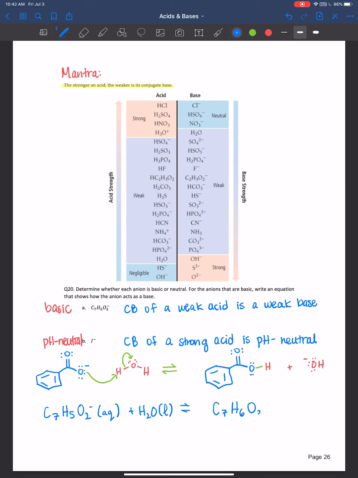You're adding a positive charge, so even if you didn't know the structure of benzoic acid and the fact that it was neutral, just make sure you add up the charges correctly, and then plus hydroxide. It's the conjugate base. So that's what's going on here with the benzoate anion.